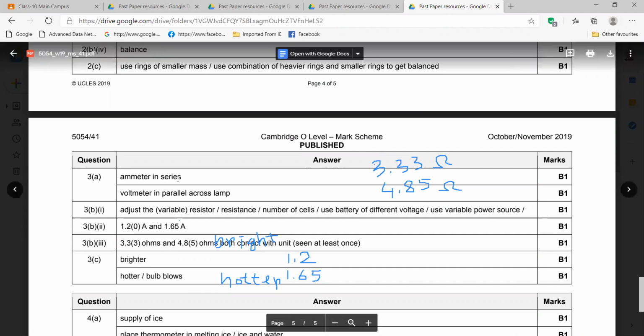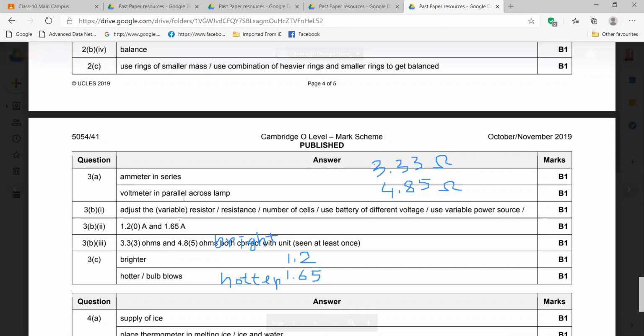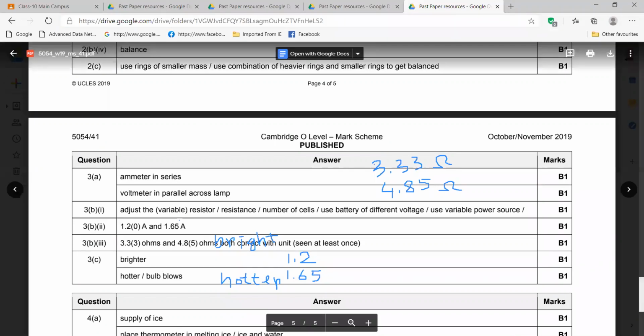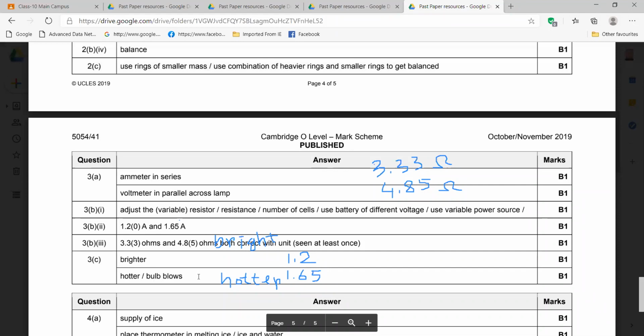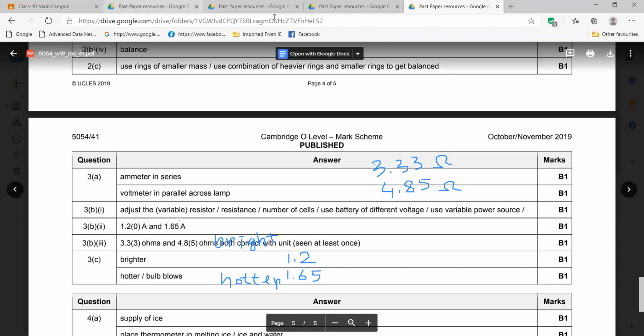Then the ammeter in series, we discussed it. Voltmeter in parallel across the lamp, we did that. And the final one, brighter, hotter. Then you said the bulb blows. The other one you told, temperature increase, that is also correct. Okay, done this question.